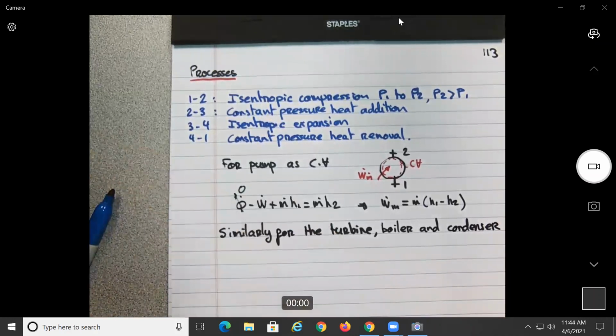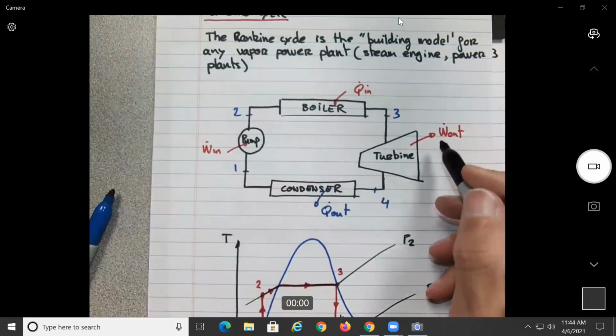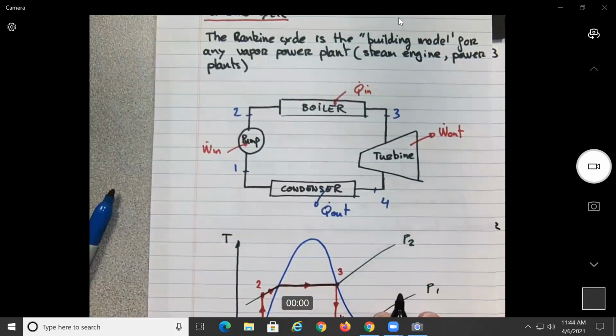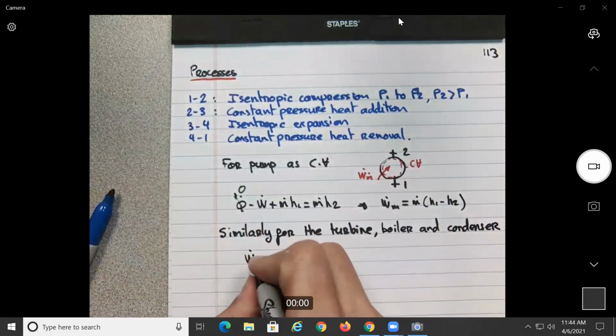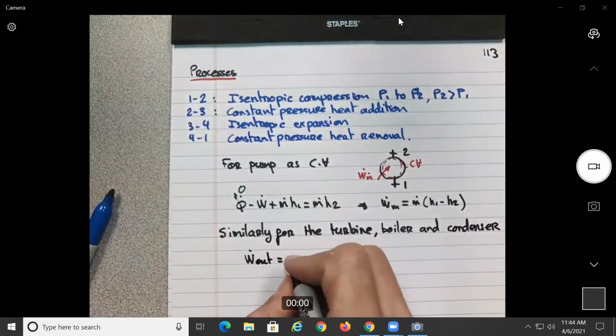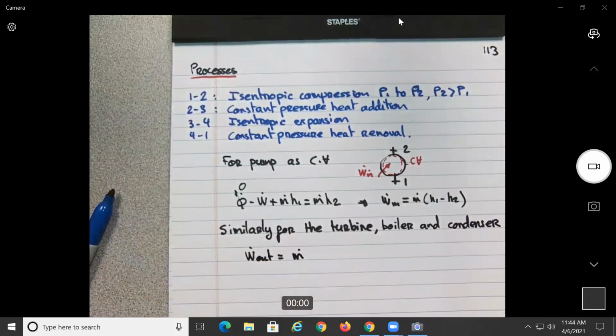We look at the figure: power out should be equal to what? M dot.